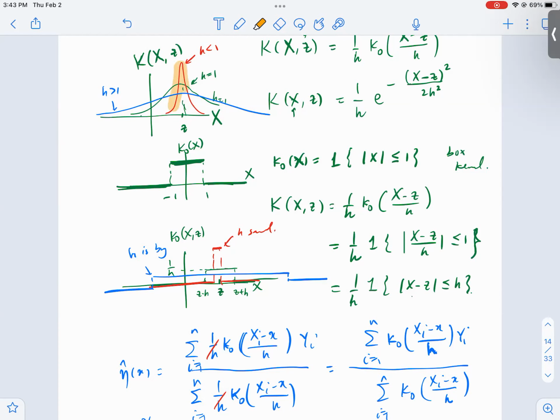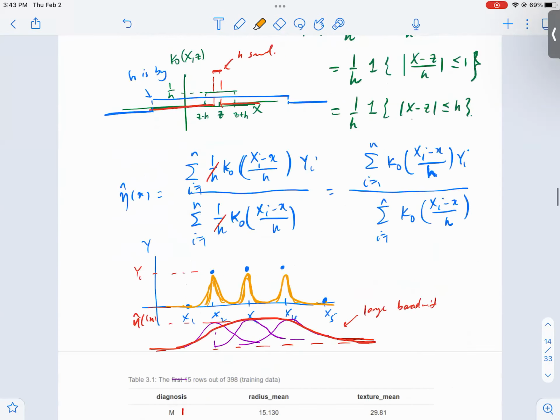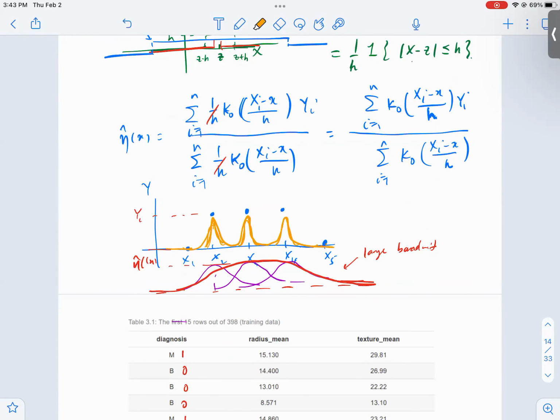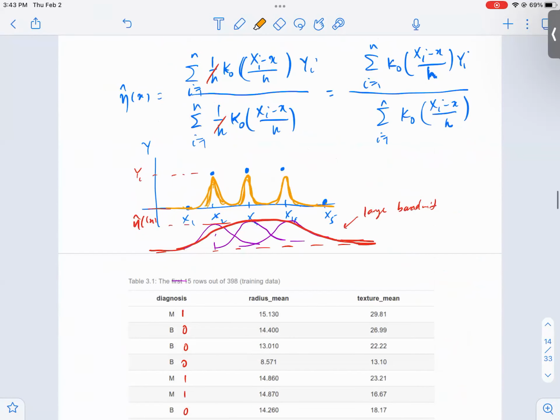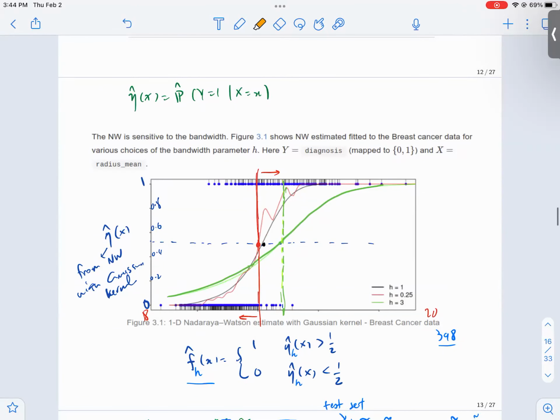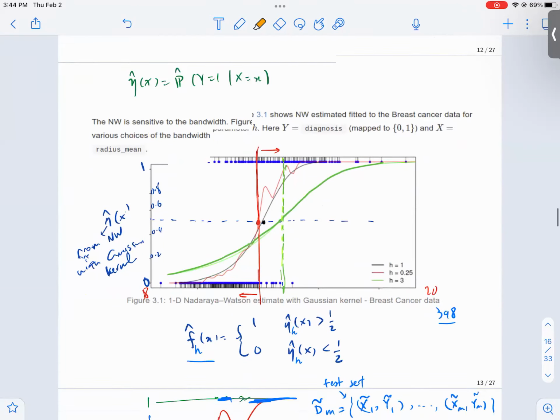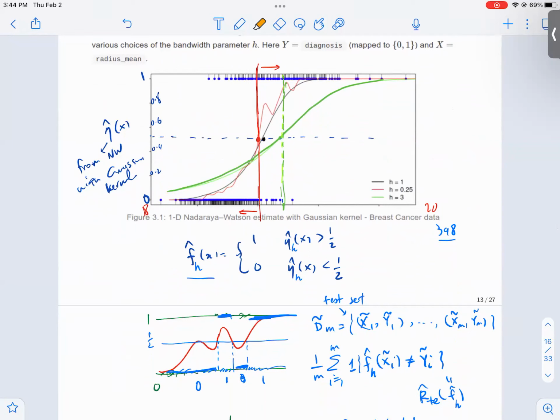So these narrower ones, because you add them up and the support where they put mass is sort of disjoint, give you these bumpy functions. When they're very diffuse, for large bandwidths, they all smash together and average things out, so you get these very smooth curves. And then the black one is something in the middle.